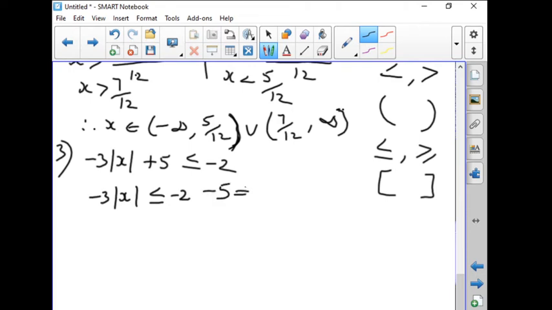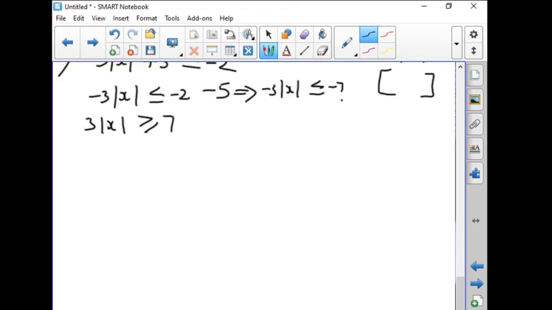Therefore, you get minus 3 into modulus of x is less than or equal to minus 7. Both the sides we are having minus, so multiply both the sides by minus, we get 3 into modulus of x is greater than or equal to 7. So, this we can also write as modulus of x is greater than or equal to 7 by 3. 3 we have taken to the other side.